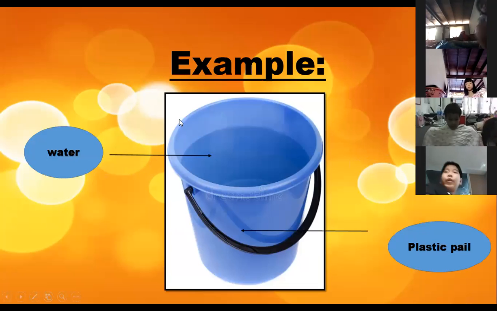So for example, you see this plastic pail, and the plastic pail has water inside. So the plastic pail has the strength to carry water inside. Okay, so this is one example of strength, the plastic pail.